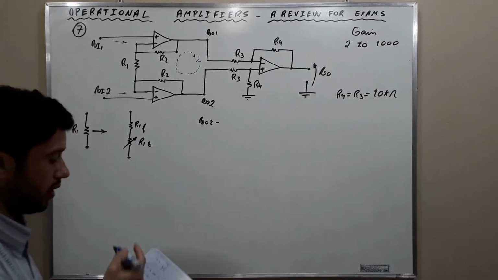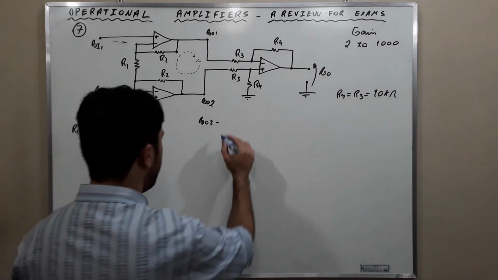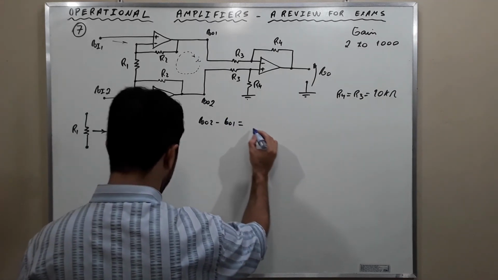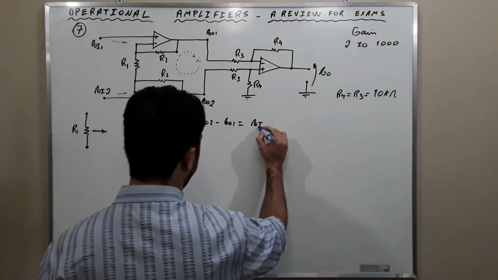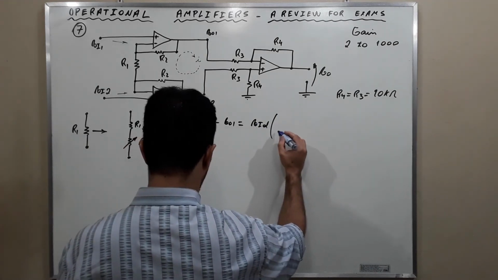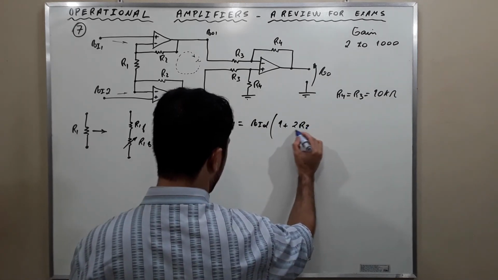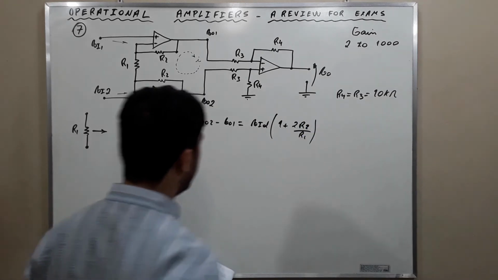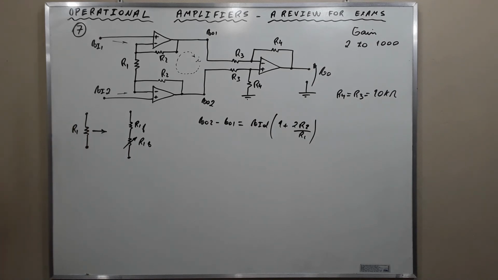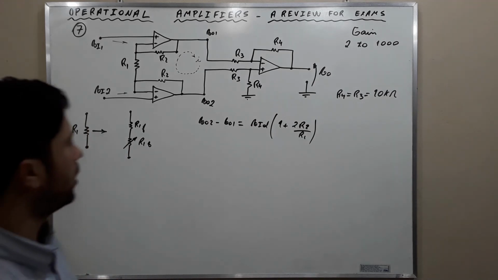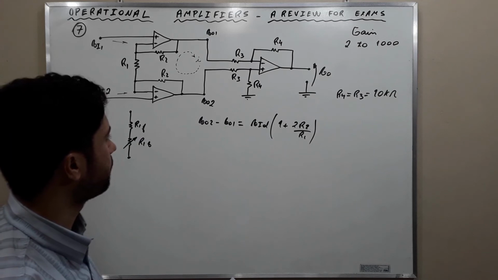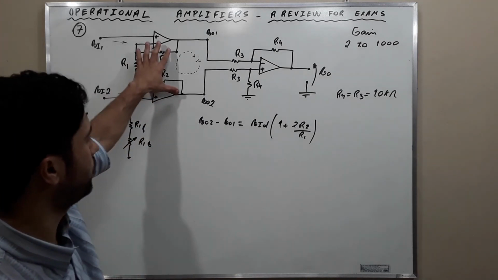From the aforementioned theory, we know that VO2 minus VO1, we have just debated this, is equal to VID times 1 plus 2 times R2 over R1. Okay? We understood this.